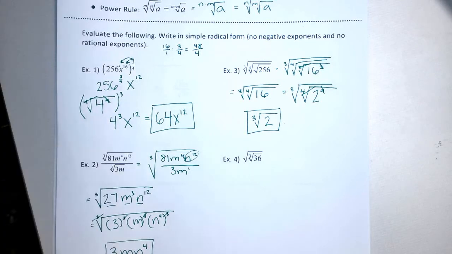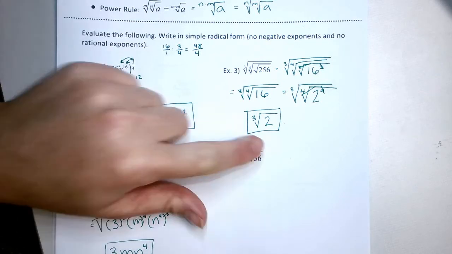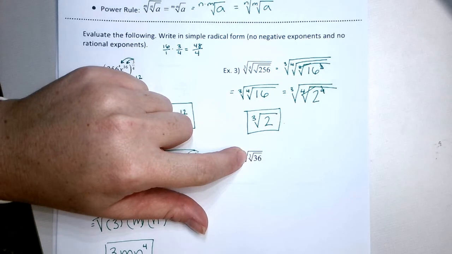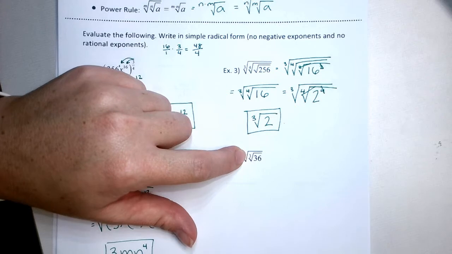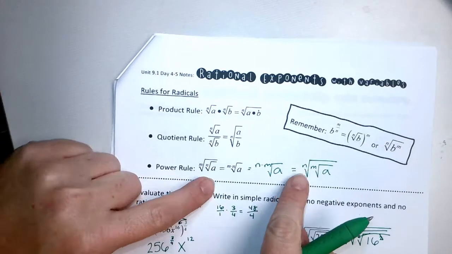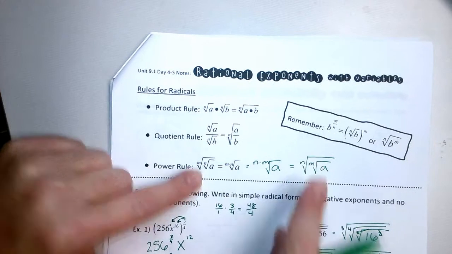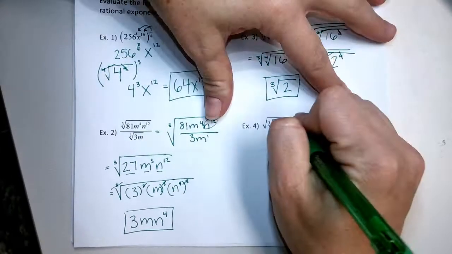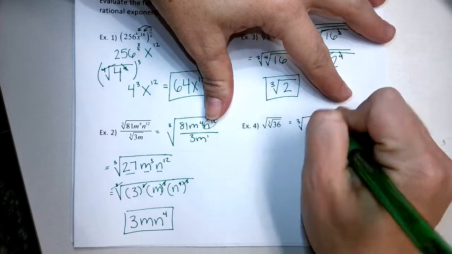Okay, now if you look at number 4, is 36 a perfect cube? No, it's not a perfect cube. But remember, we talked about that rule and how they can interchange and switch places. So can we flip this? Yeah, and we can rewrite it as cube root square root 36.